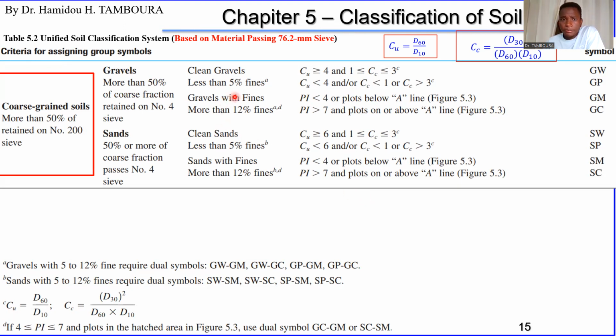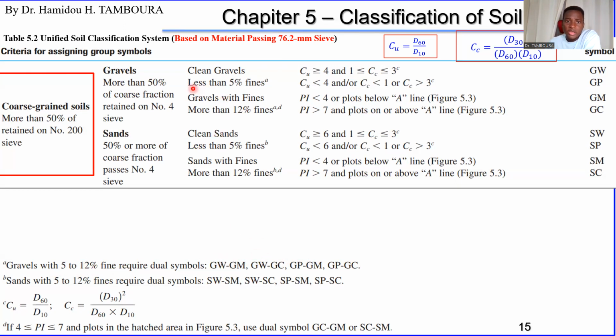You go to check less than 50%, this A. If the amount of fines in the soil is between 5 and 12, you will have this double nomination.